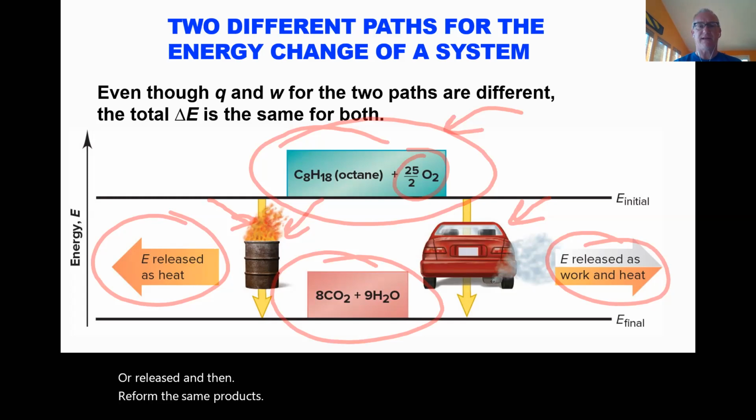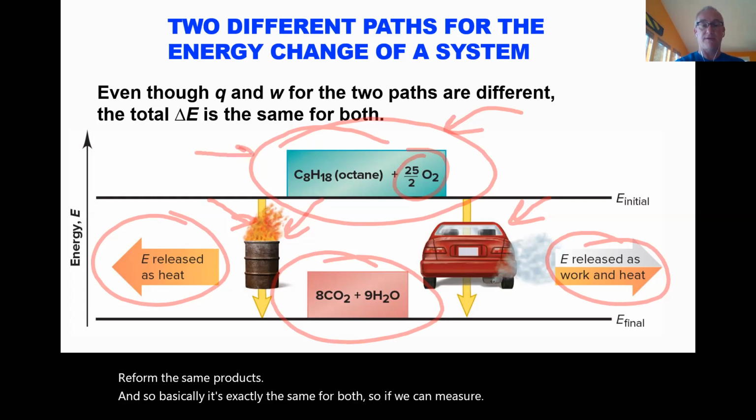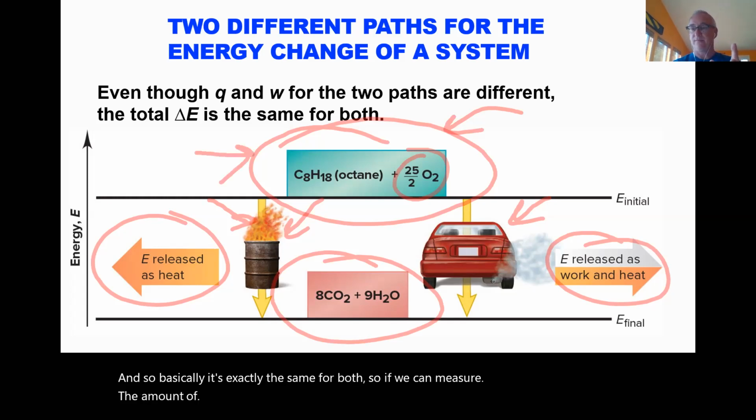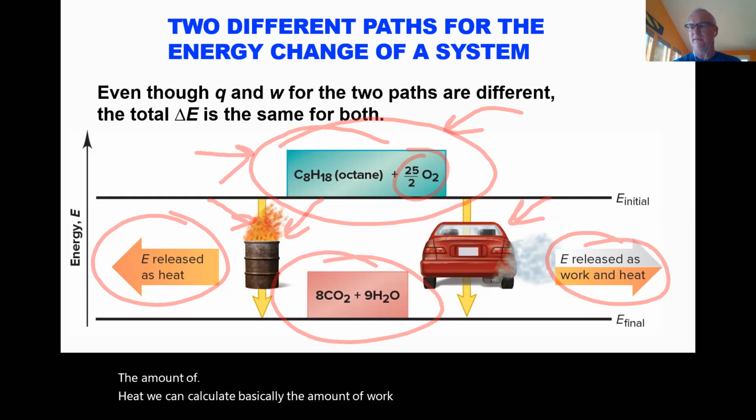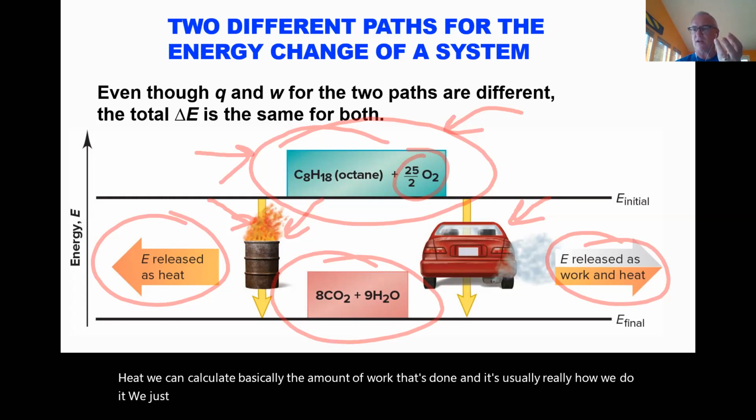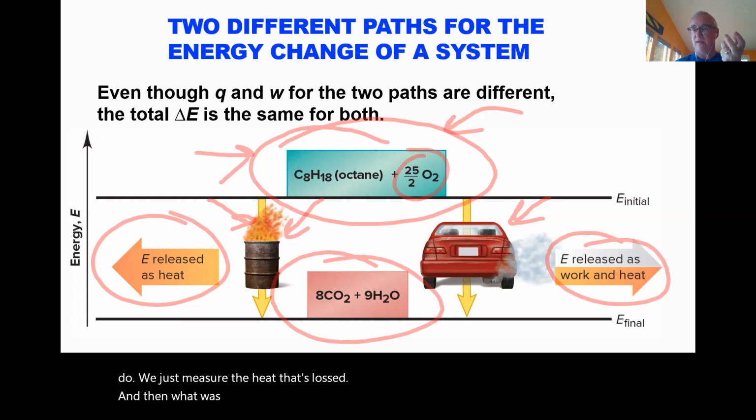So it's exactly the same for both. If we can measure the amount of heat, we can calculate the amount of work that's done. That's usually how we do it. We just measure the heat that's lost, and then what was the potential amount of energy. And if they don't match, the rest must have been work in some way.